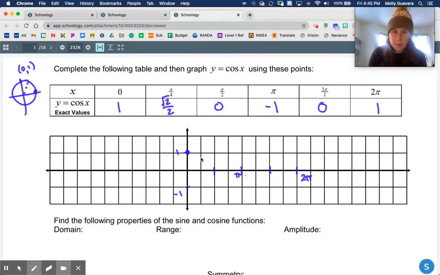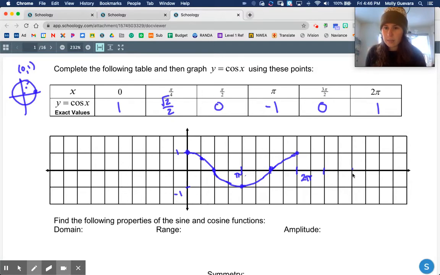Then I have that 0.7-ish, right? Then 0. Then -1. Then 0. Then 1. So while the curve is more or less the same points and looks the same as sine, the only difference is that it's starting at 1 instead of 0.